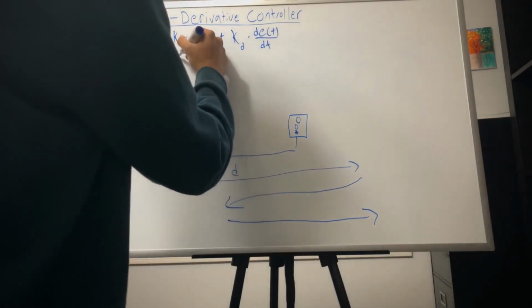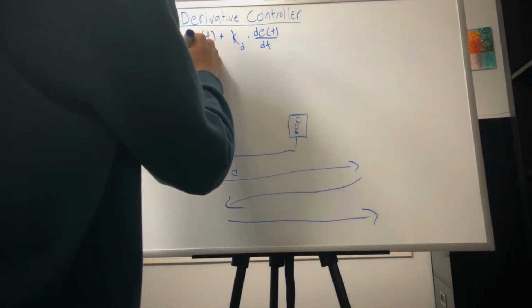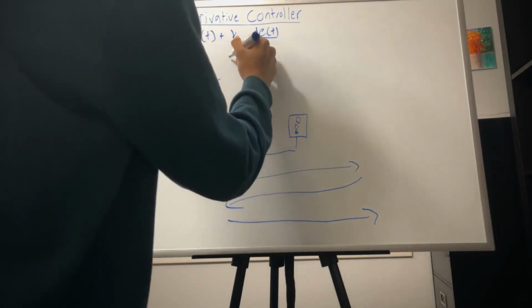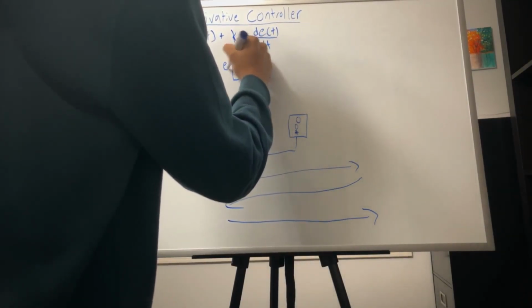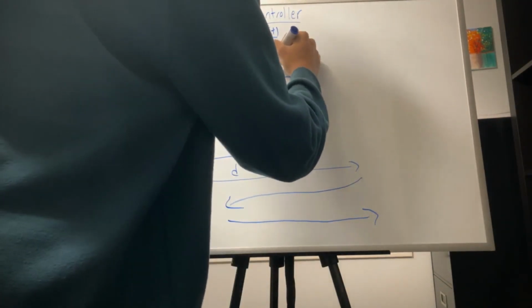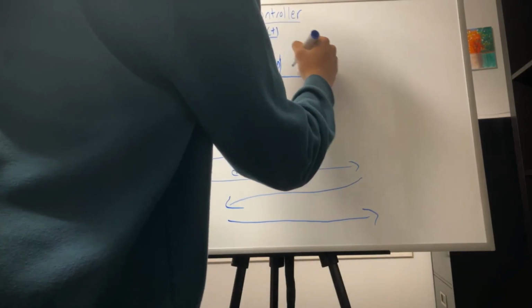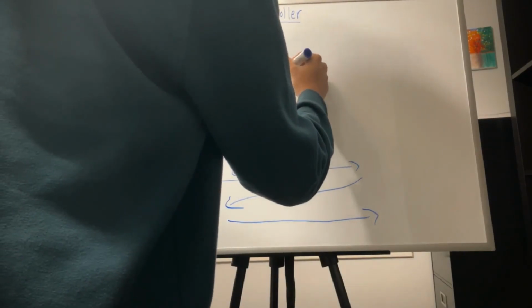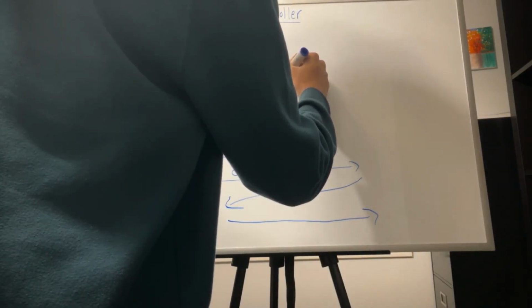Then the second graph is going to be our velocity versus time. Third graph is going to be our error versus time. And then we're going to add in a fourth graph, which is going to be our change in error versus time. Let me just extend the axis a bit. We'll see why in a bit.